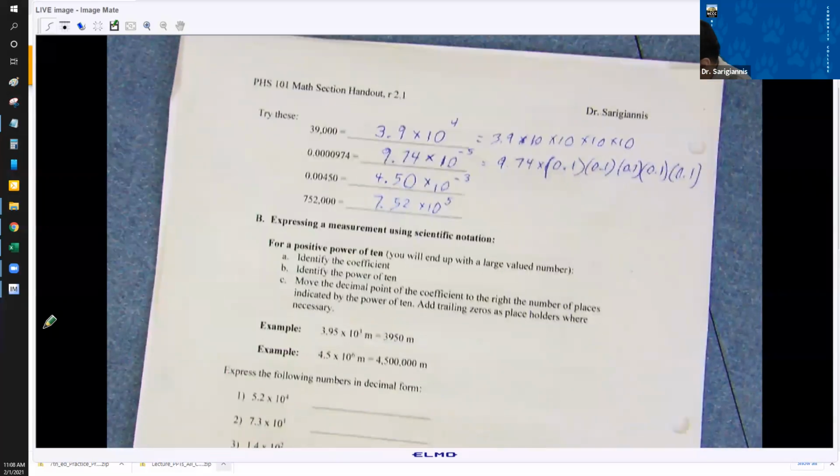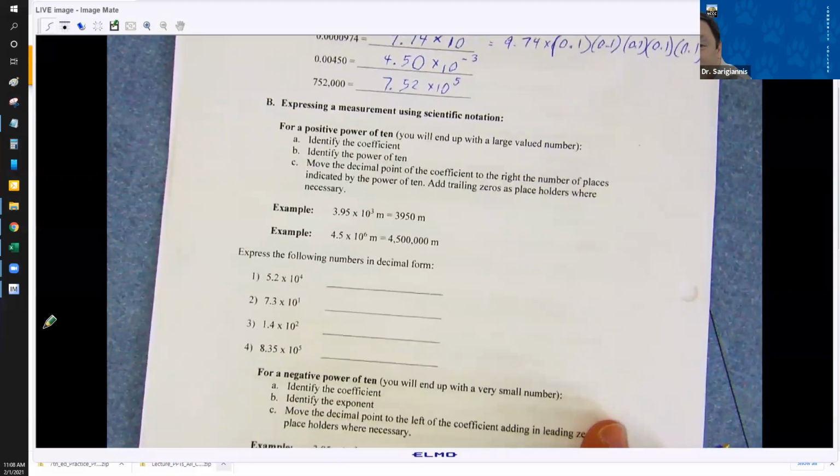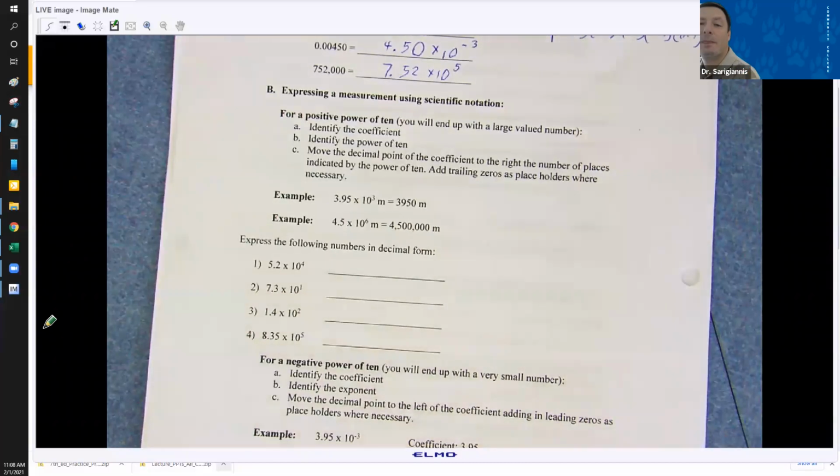Yeah, so now we're working the other way here. We're going to express a measurement from scientific notation. So we've got the number in scientific notation, and now we want to express it in decimal form.